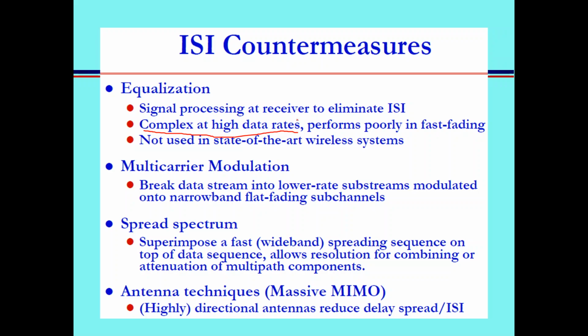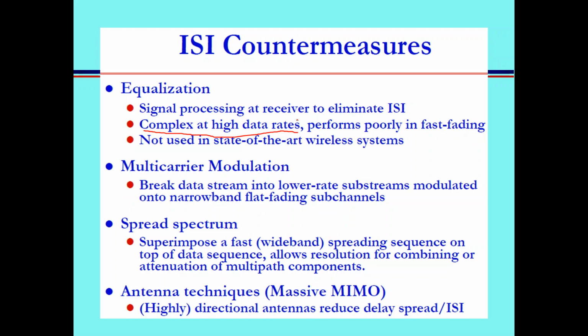Now, if you want to build high data rate transmission systems, what's the problem with high data rate? Anybody remembers? When you transmit with a high data rate, the symbol duration shrinks because the bandwidth is large. So the delay spread of the channel usually becomes much larger than the symbol duration.